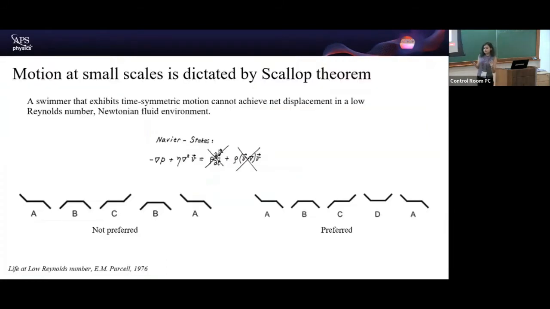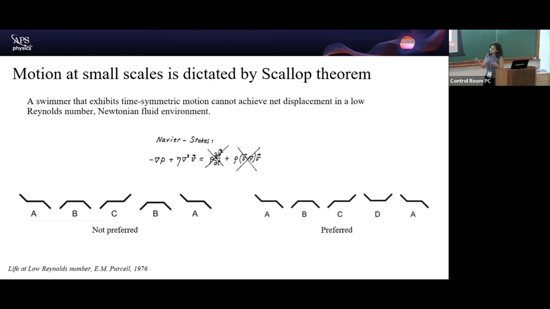But there is a small caveat in all of this. When we discuss motion at small Reynolds number, we cannot escape something called the Scallop Theorem. So what is it? If you take the Navier-Stokes equation and remove all the inertial terms, you are left with an equation which is symmetric in time.